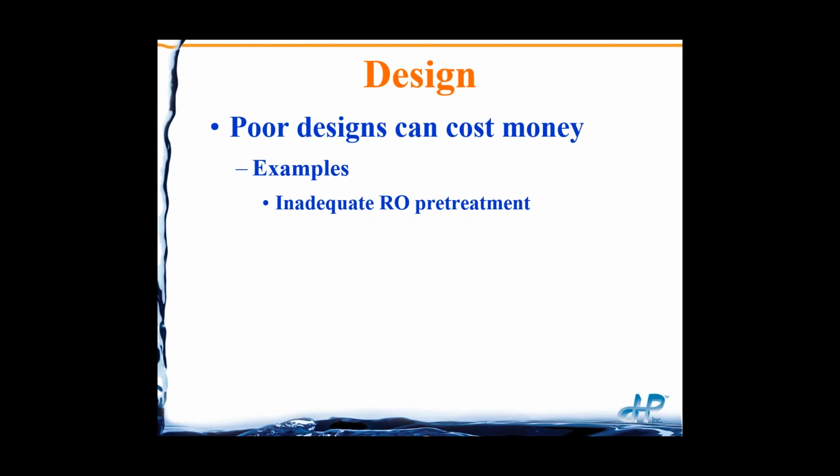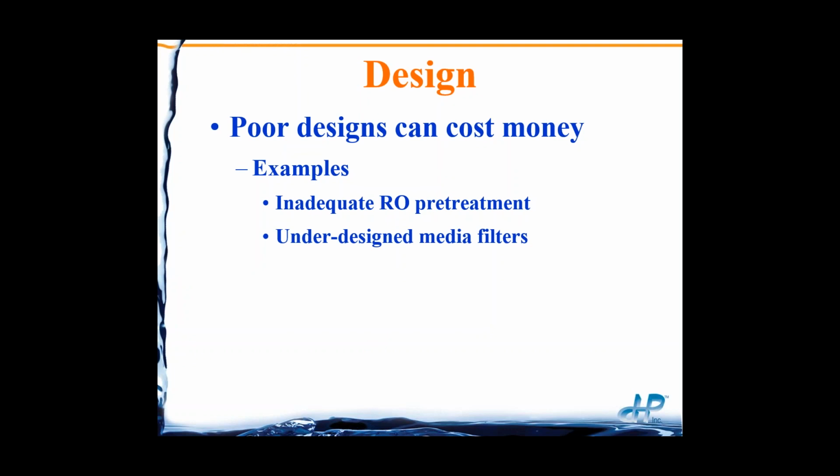So a good, or I should say an adequate RO pretreatment system from a fouling perspective is one that can give you a silt density index, an SDI, of less than 3, 24/7, 365. So that would be today's standard.